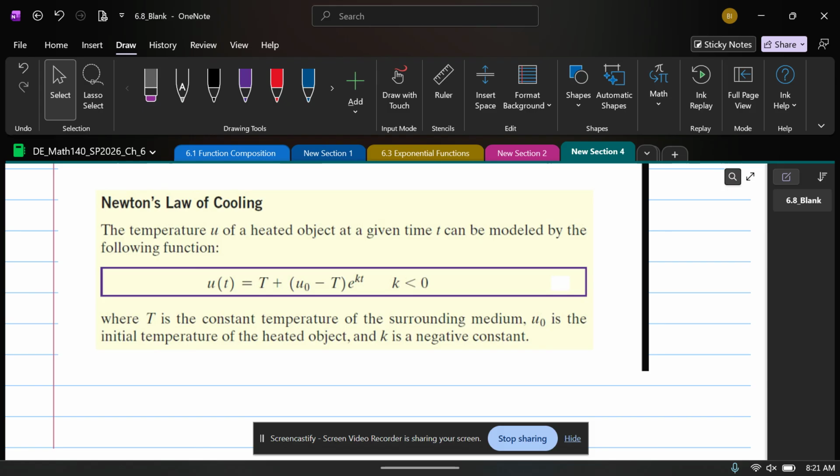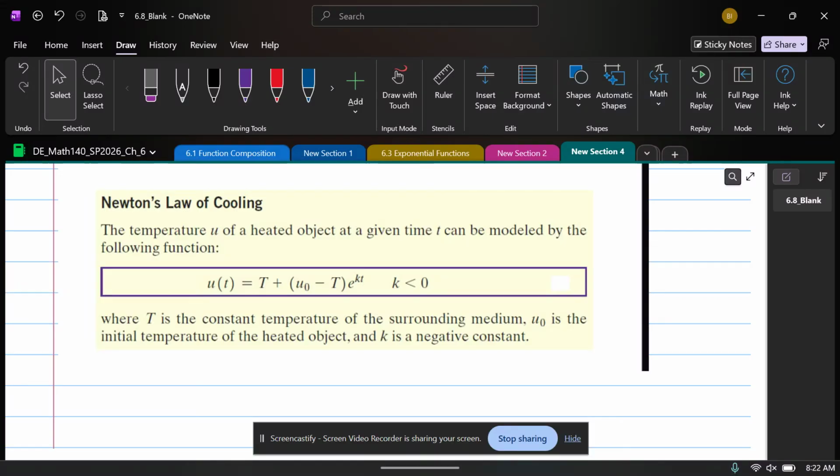And then the K here is your cooling rate. Every object is going to have a different cooling rate. Every person in here has a different cooling rate or heating rate, because we're all made a little bit differently. Everybody's cup of coffee is made a little bit differently.